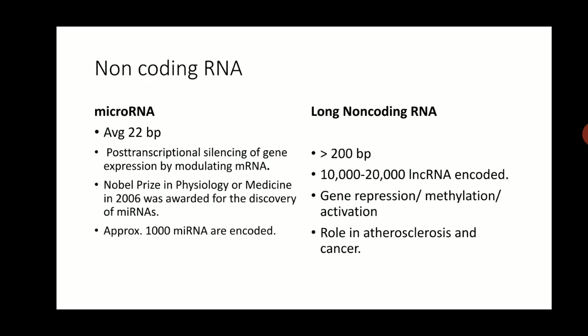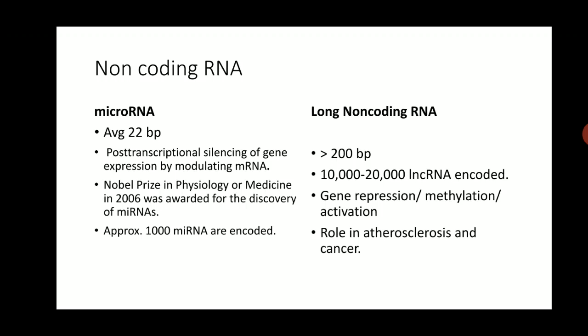In fact, this discovery was so important that in 2006 the Nobel Prize in Medicine and Physiology was awarded to the person who discovered microRNAs. Approximately 1000 different types of microRNAs have been encoded.